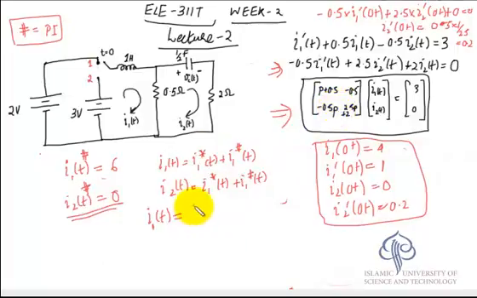So you can write down k1 e to the power minus t plus k2 e to the power minus 0.6t plus the particular integral, which is 6, and similarly you can write down for I2(t): k3 e to the power minus t plus k4 e to the power minus 0.6t plus 0, because the particular integral is 0.